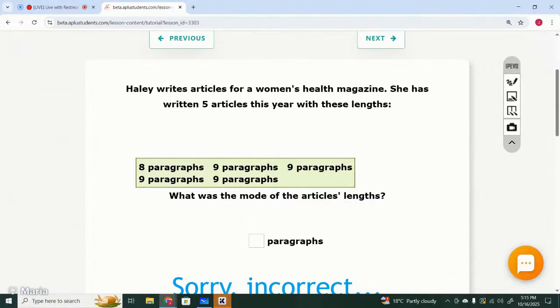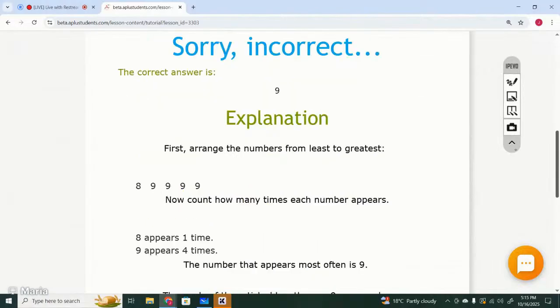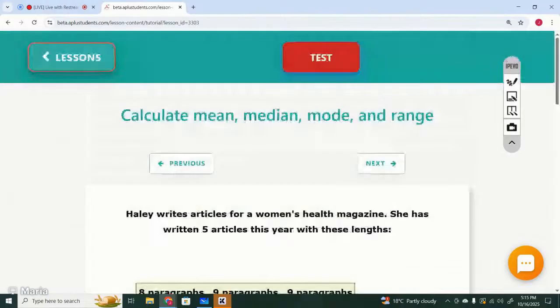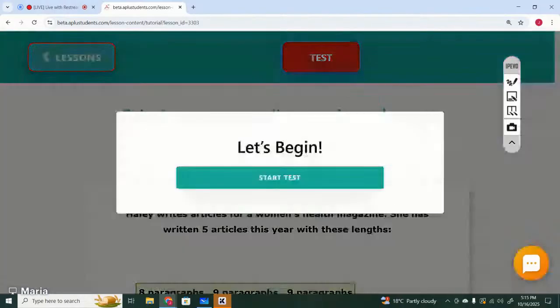So 9 is the number that appears the most. So 9 is the mode of the articles. The correct option is 9. We are on the tutorial. Let's just start with the test questions.